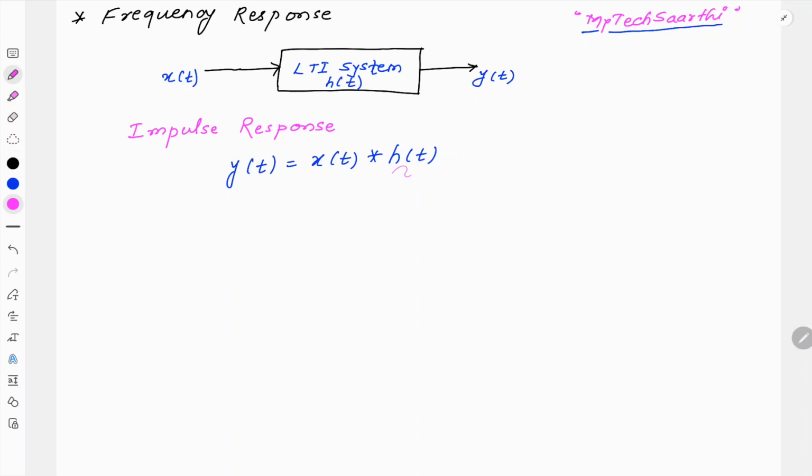Now we are supposed to find out the frequency response. So let us take the Fourier transform of this equation.